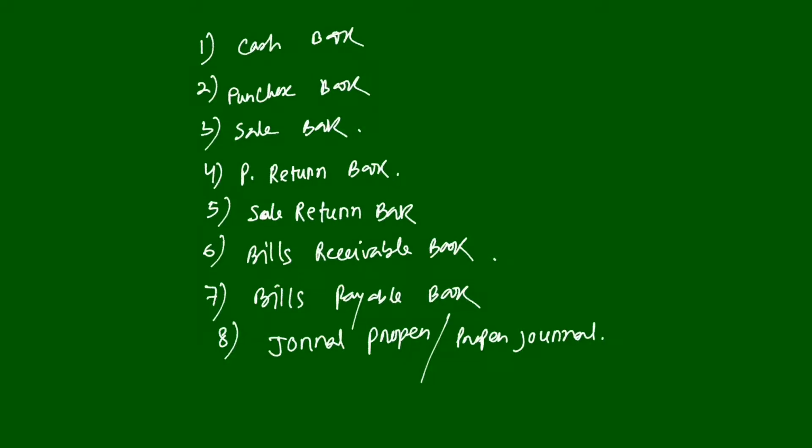Okay, these are the 8 types of subsidiary books. First one is cash book, purchase book, sales book, purchase return book, sale return book, bills receivable book, bills payable book, journal proper or proper journal.